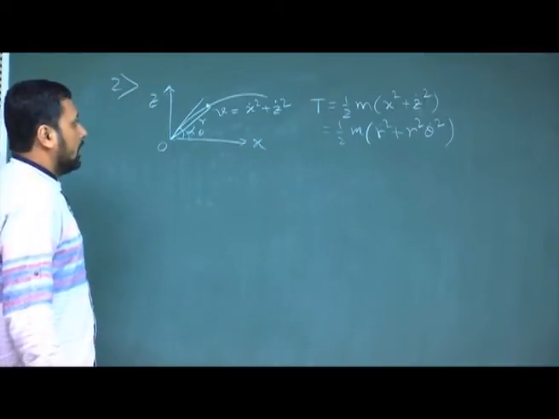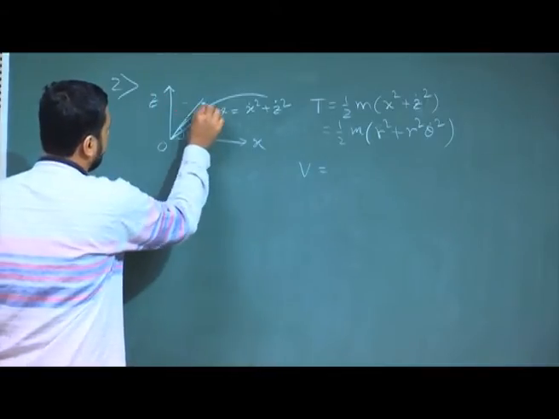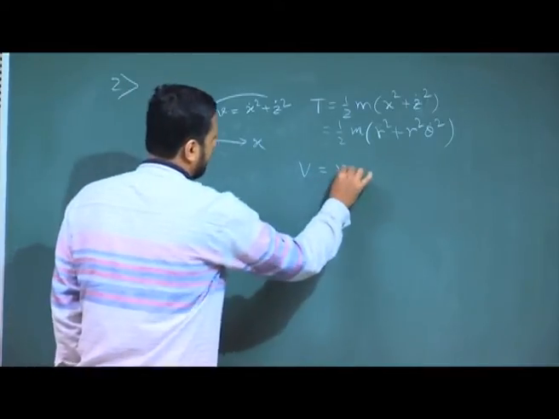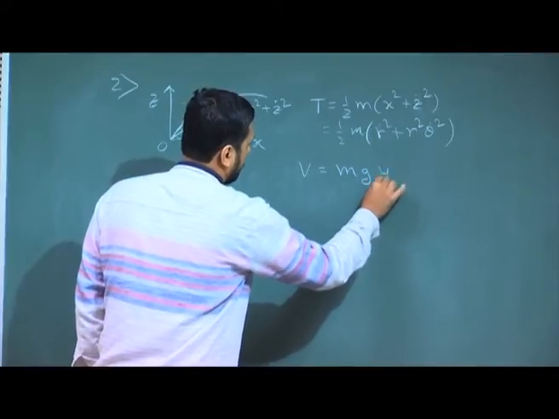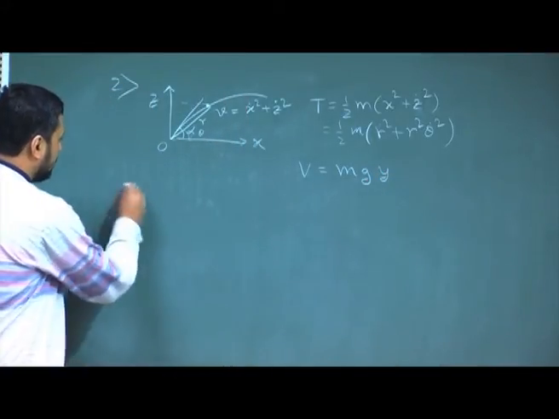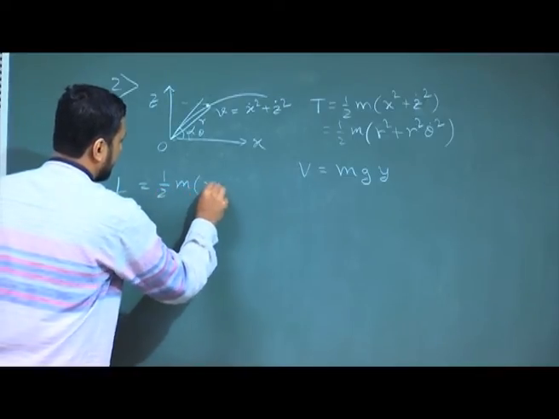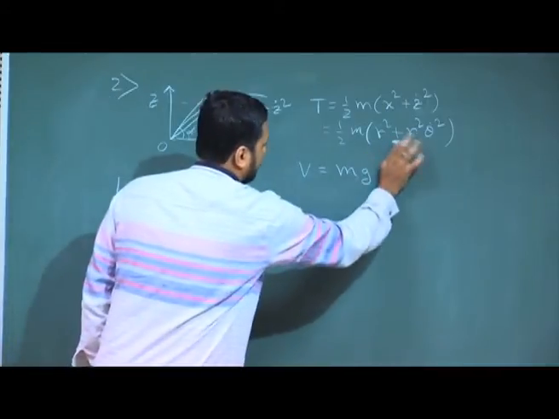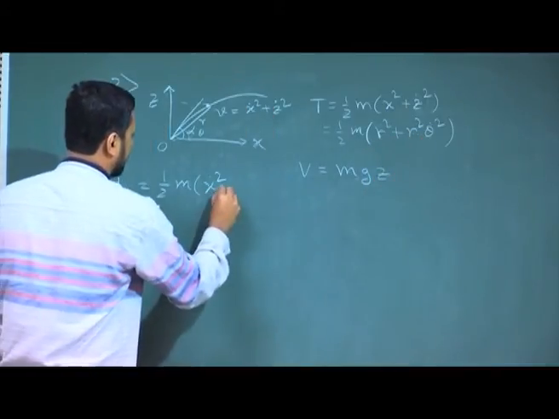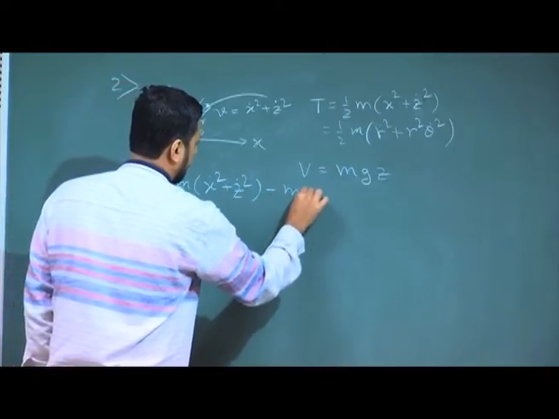And V, the potential energy, is given by m g z. So, the total Lagrangian L is half m, x dot square plus z dot square, minus m g z.